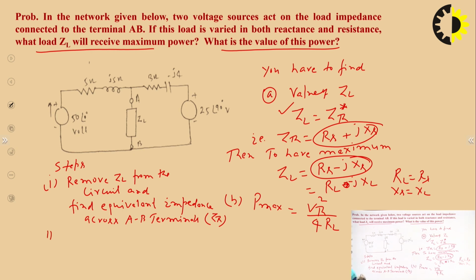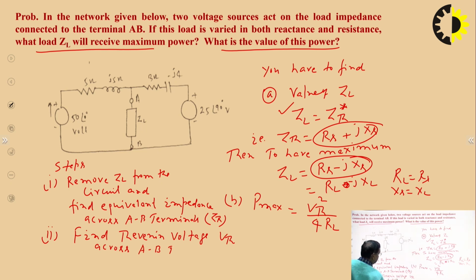Second is to find the Thevenin voltage, VTH, across AB terminals.